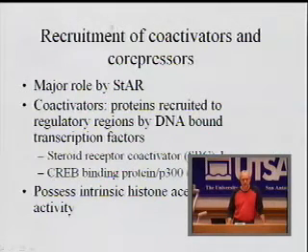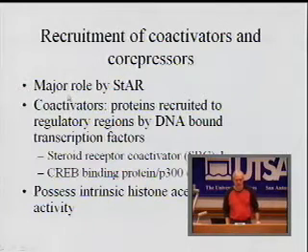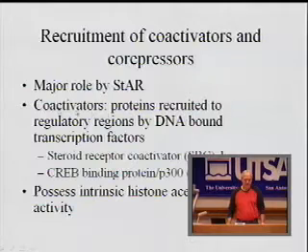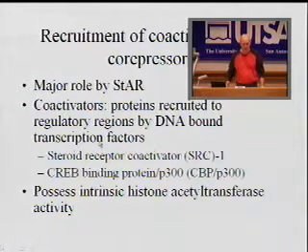So now we can talk a little bit about the recruitment of co-activators and co-repressors, and there is a major role by STAR in that the co-activators, the proteins required to regulate, the proteins recruited to these regulatory regions of the DNA bound by the transcription factors will become located on this STAR promoter region.